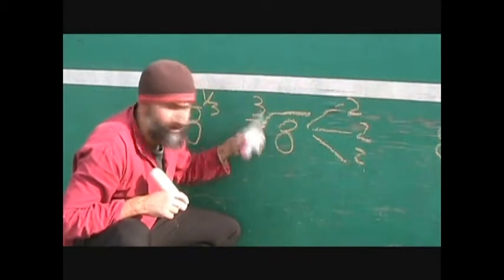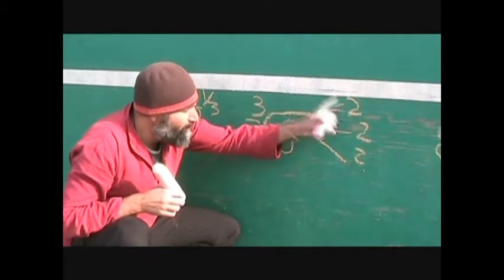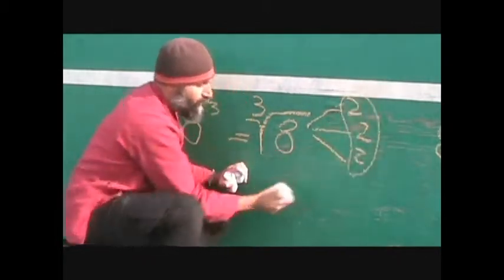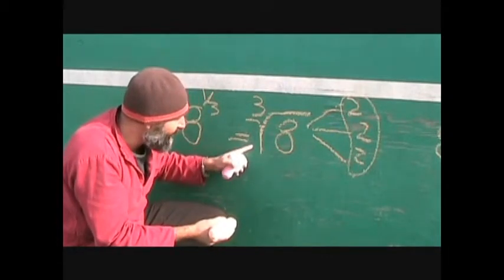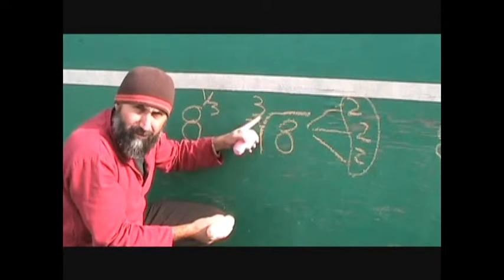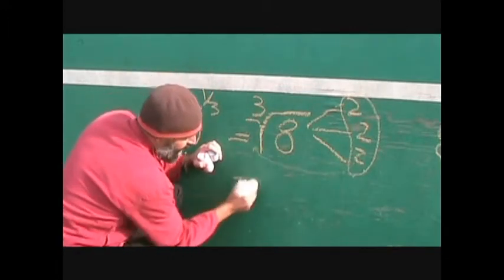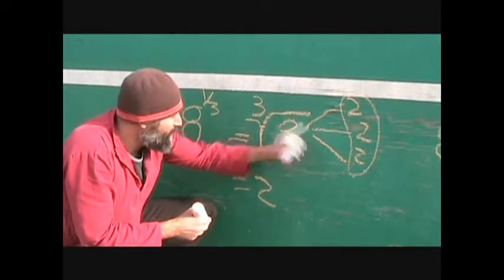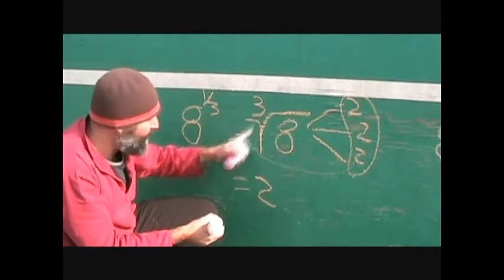So what that means is you're looking for triplets. So you combine 3 things that are the same. There's 3 2's here. So the rule is, the boundary or the toll for you to go from the inside out, you need triplets. Triplets become 1. So these 3 2's come out of this, and they become a 2. Now you took everything out of the cube root symbol, so there's nothing left. So the cube root of 8, or 8 to a power of a third, is just 2.